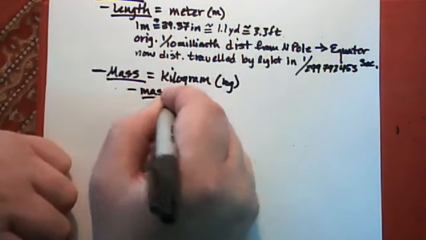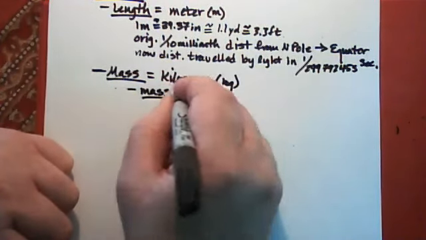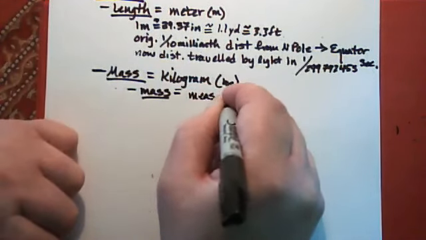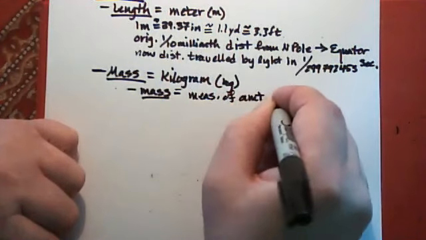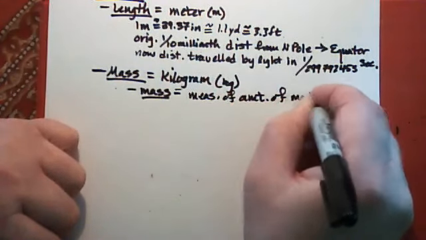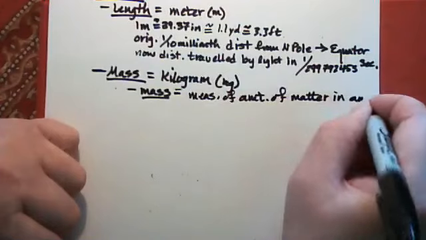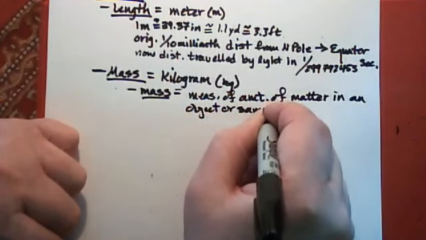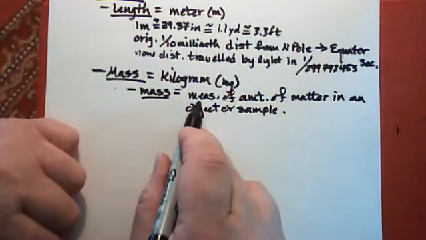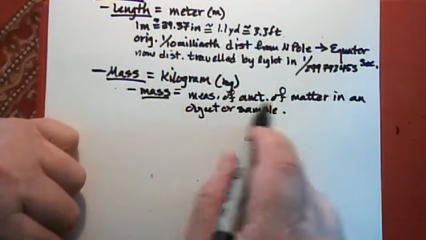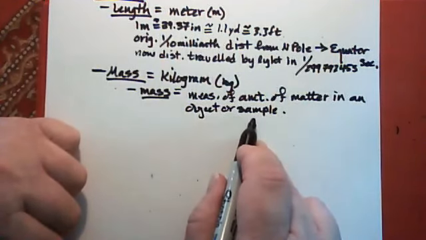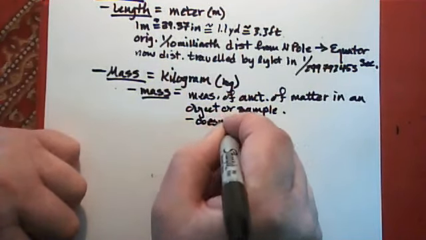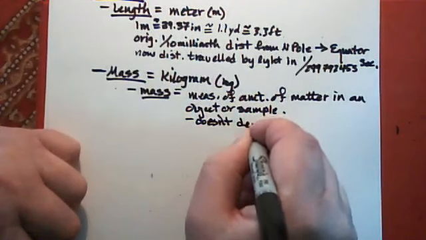But for now, I will write down the difference between mass and weight so that you can get those. Okay, so mass, remember, is the measurement of the amount of matter in an object or a sample, and it doesn't depend on gravity.